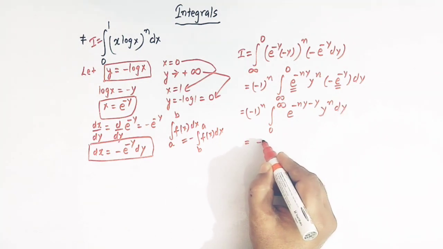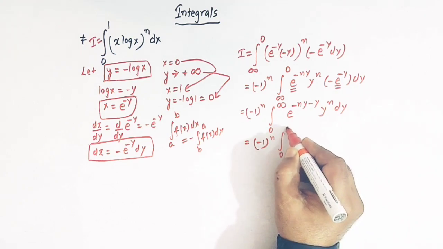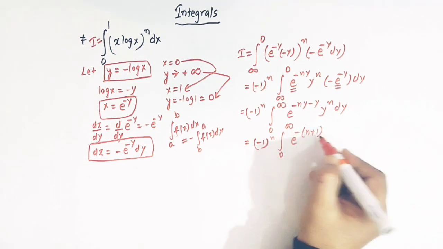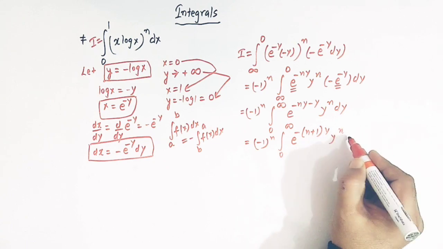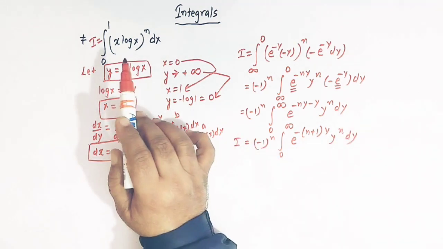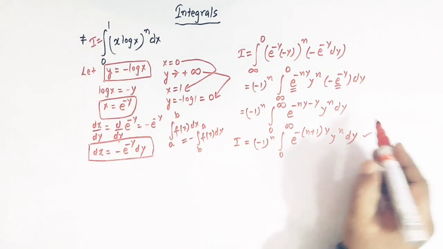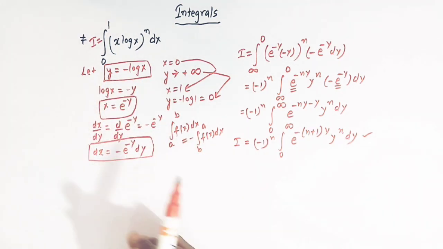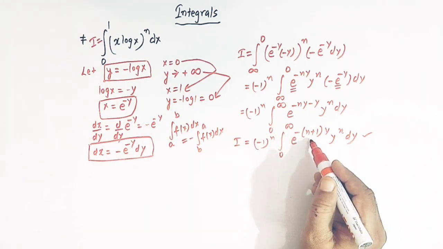So now we can write minus 1 raised to n, 0 to infinity, e raised to minus n plus 1 times y, y raised to n, dy. So now we have reduced this integral into this one by making the substitution y is equal to negative of log x. Now we'll make another substitution here.